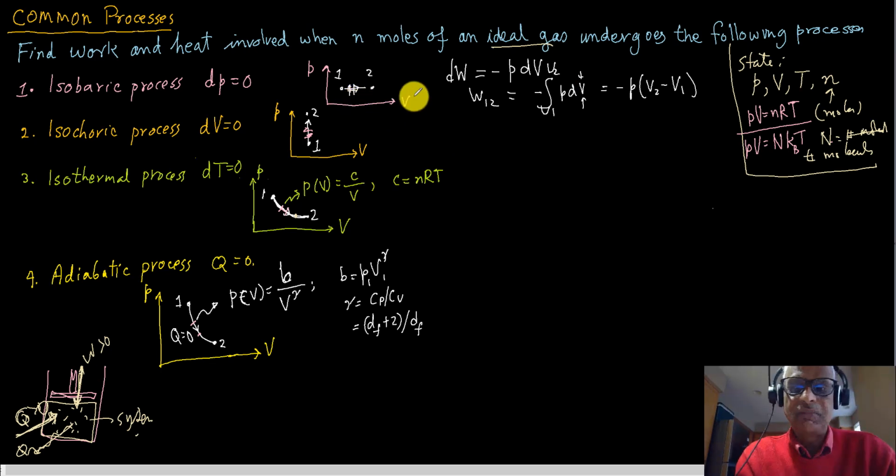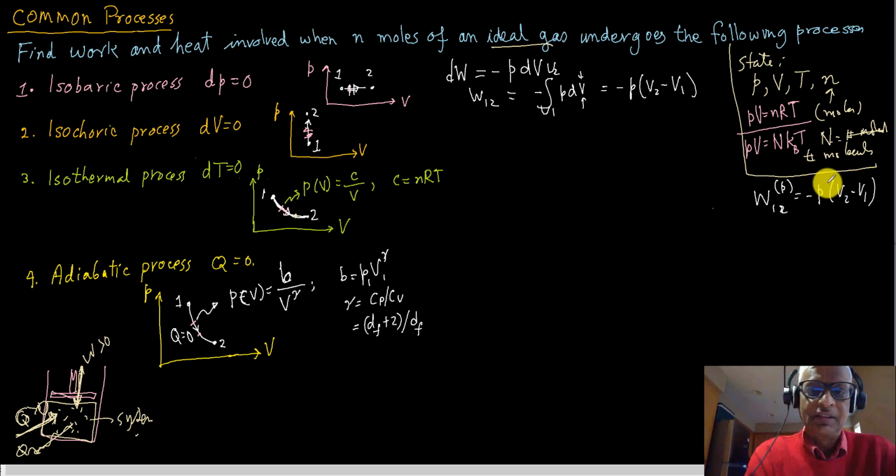How much heat is involved, we'll talk about once we get done doing this. So let me write down this answer. Maybe we can collect the answers here. W12 for constant pressure is minus P (V2 minus V1).